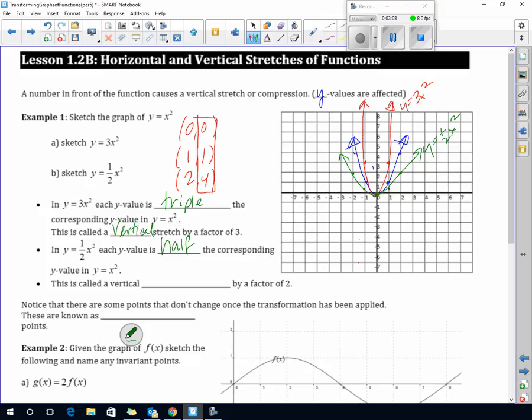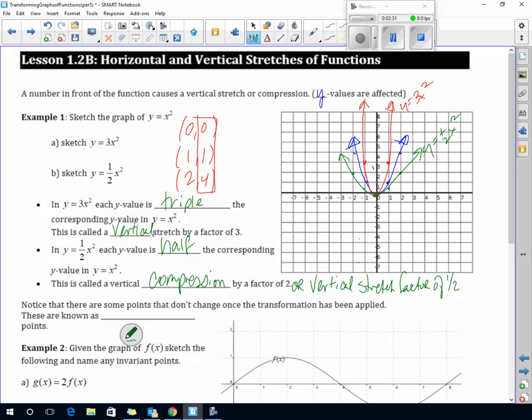factor of 2, or you can say it vertical stretch factor of 1/2. This type of description will be the only description in the back of the textbook. Vertical stretch factor of 1/2.